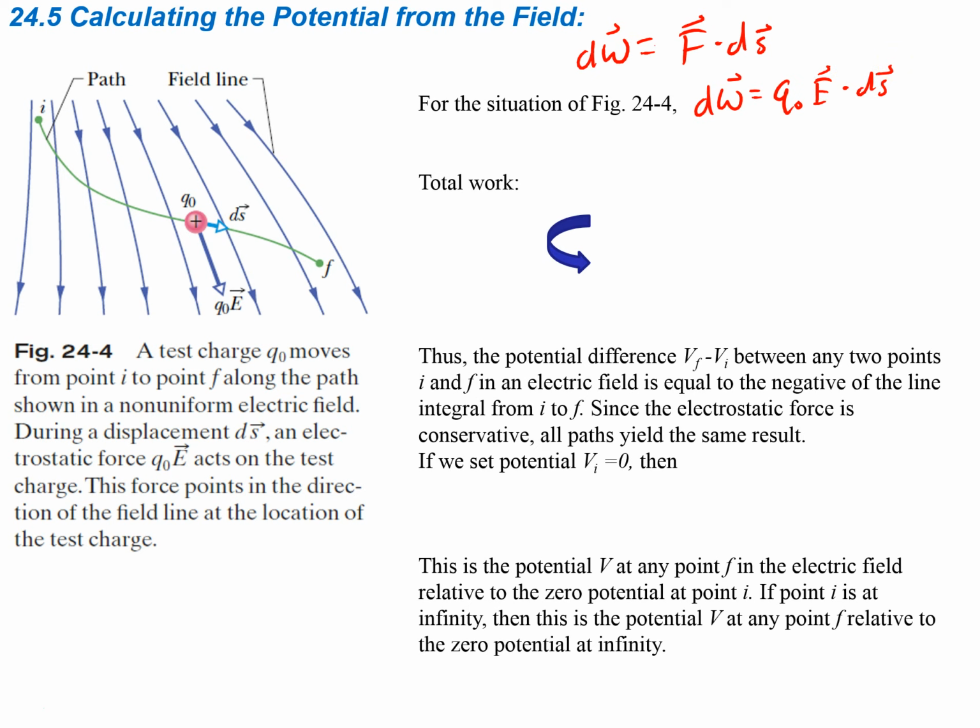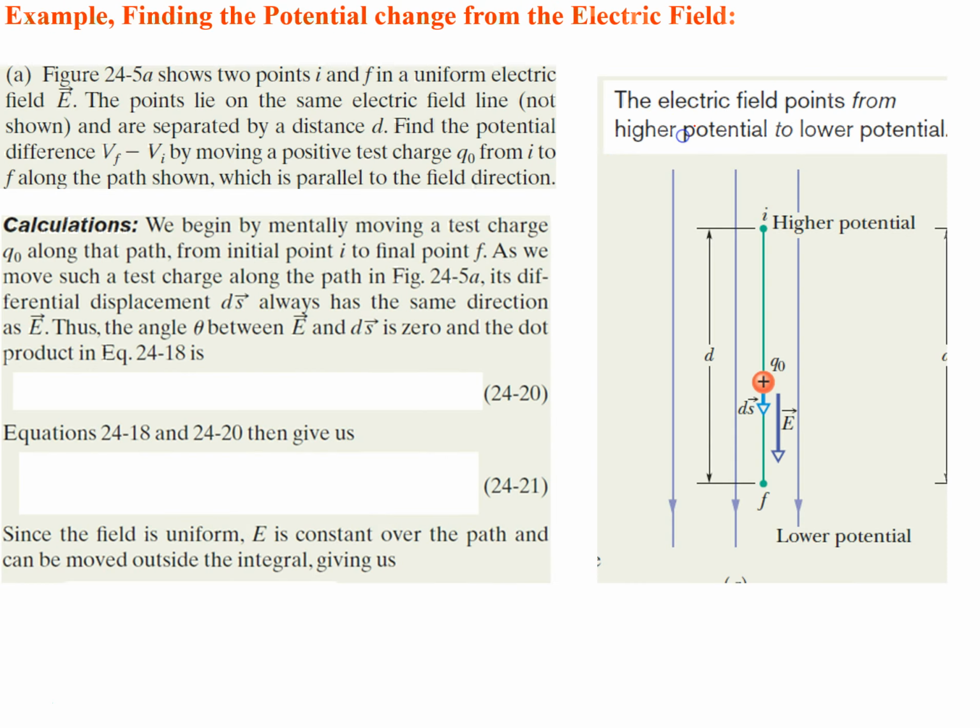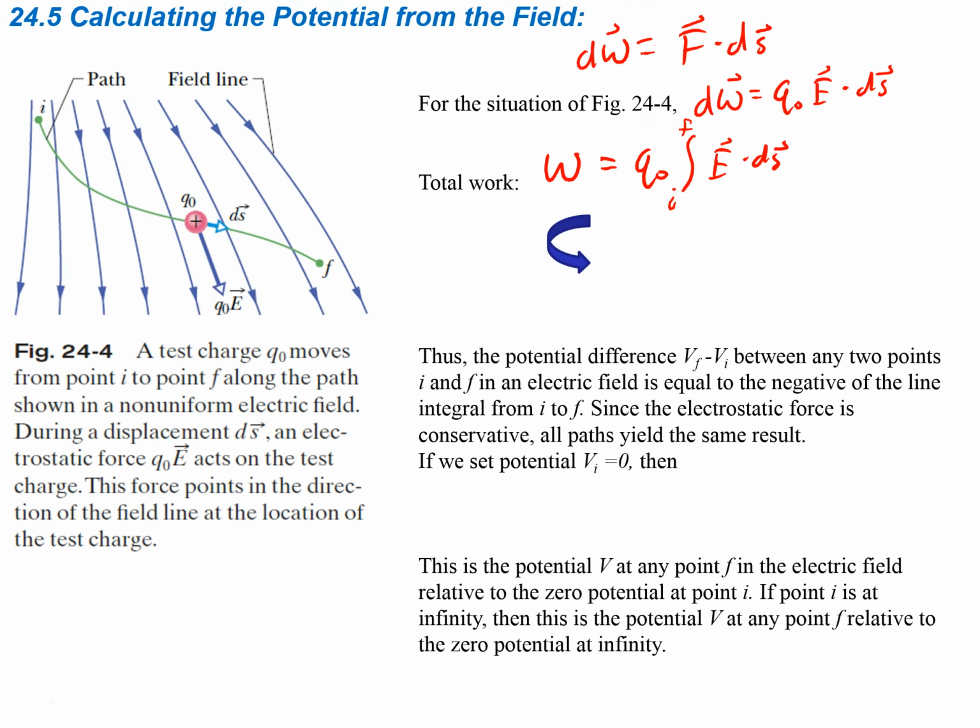The total work is then, if I take the integral of both sides, I get q0, which is a constant, times the integral of E dot ds. And this is from some I to some F position. Now we know that the work is going to be equal to the opposite of our voltage divided by the charge.